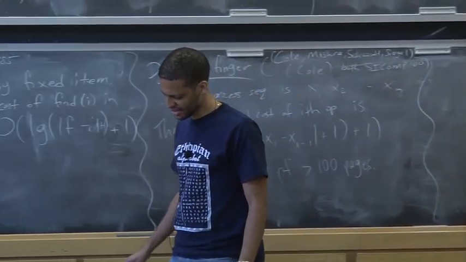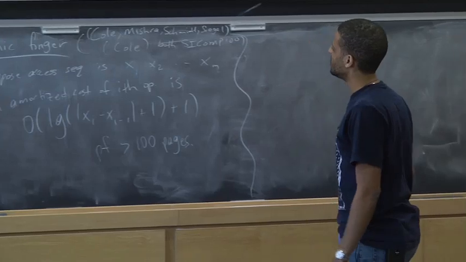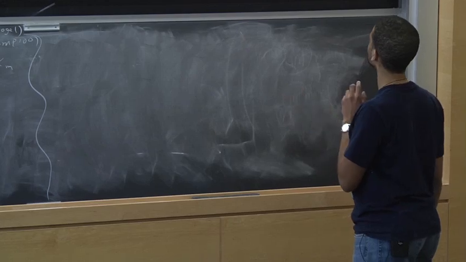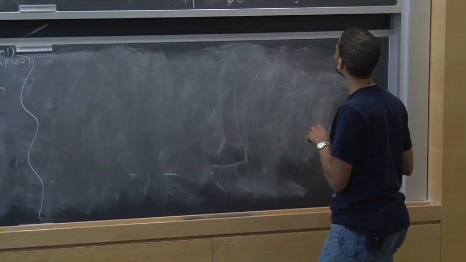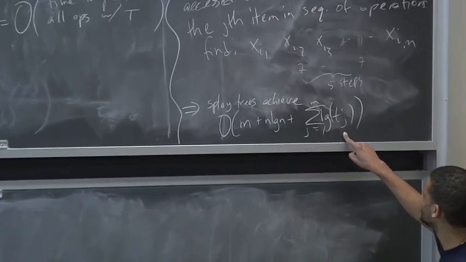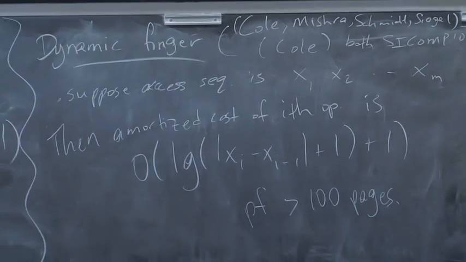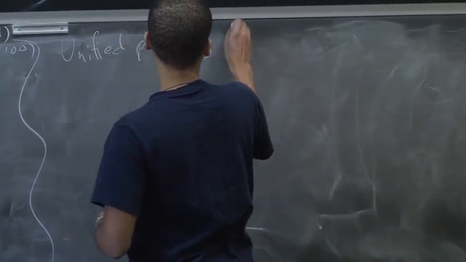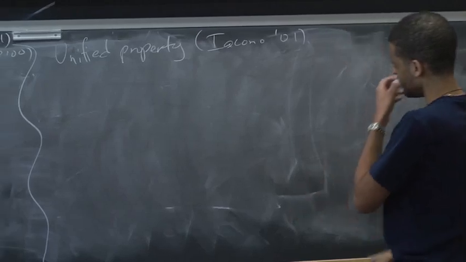I think I want to say there's also something called the unified bound, which tries to unify the dynamic finger property with the working set property, so instead of paying log of one thing, you basically pay log of the sum of these two things. This was introduced by Iacono in 2001.